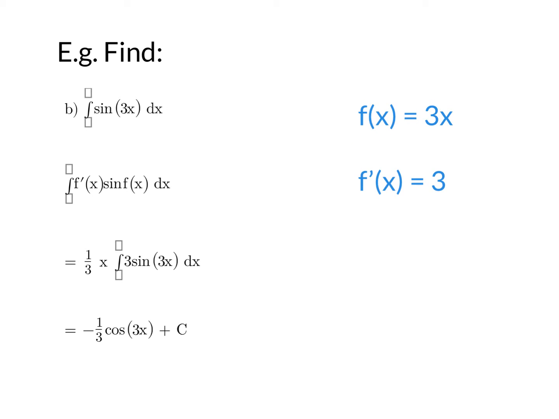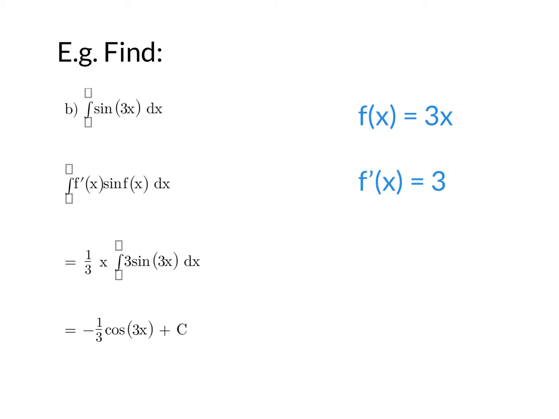The next one, the integral of sine 3x. So the f of x part is 3x, so the f dash of x is 3. In front of the sine, we need to have 3 for the f dash of x part.